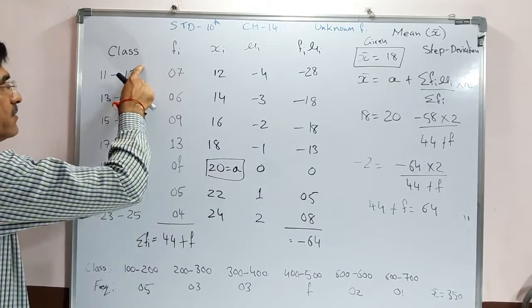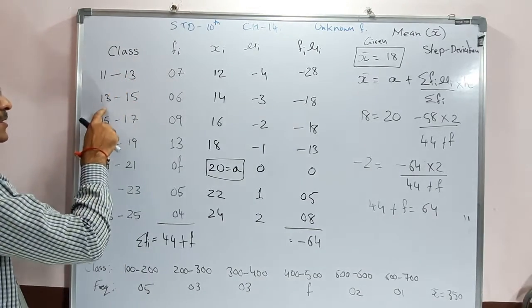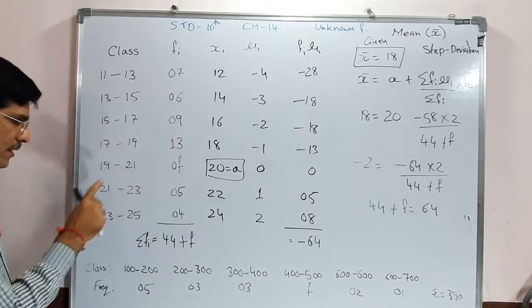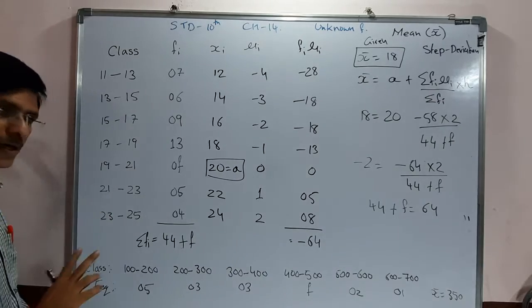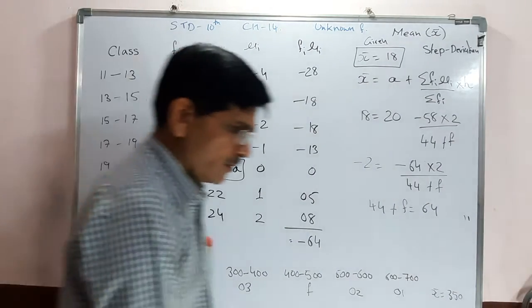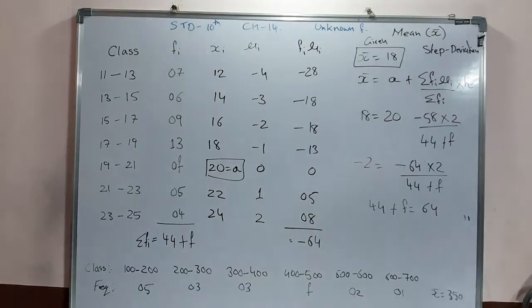So here the classes given are 11 to 13, 13 to 15, 15 to 17, 17 to 19, 19 to 21, 21 to 23, 23 to 25. These are all the classes. You will see that frequency is also given, but an unknown frequency F is there.